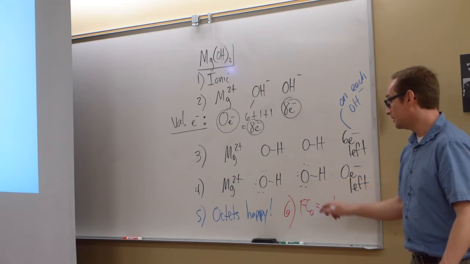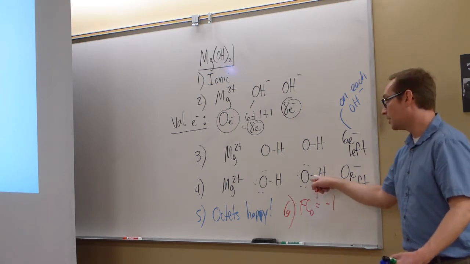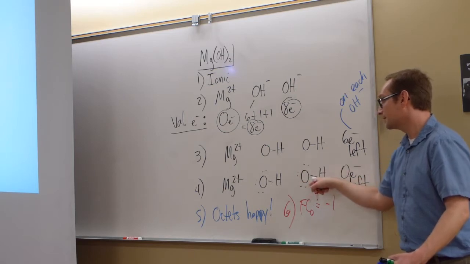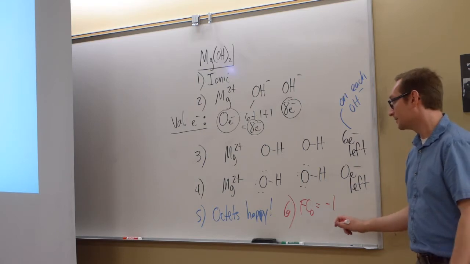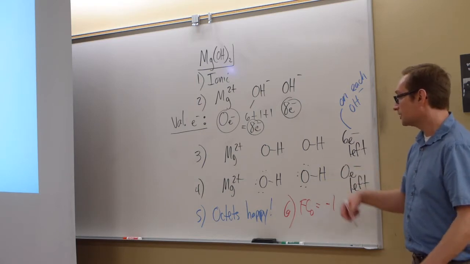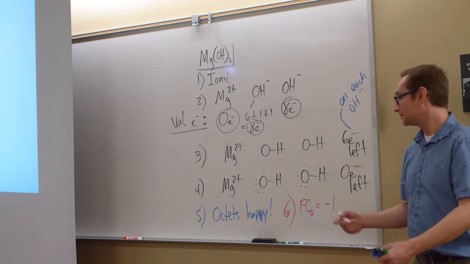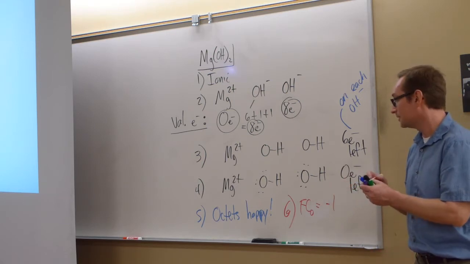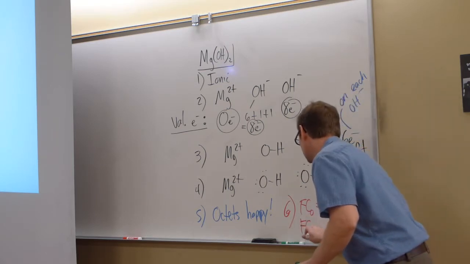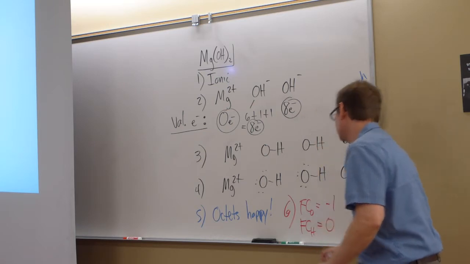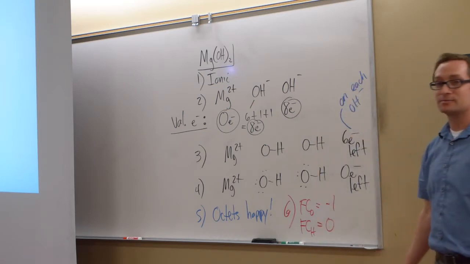It's 6 in the free atom minus 1 bond plus 6 dots. So 6 minus 7 is -1 for oxygen. Hydrogen's formal charge is 0, that's just 1 minus 1. Magnesium's formal charge is 2 plus. That's okay, it's supposed to be 2 plus.